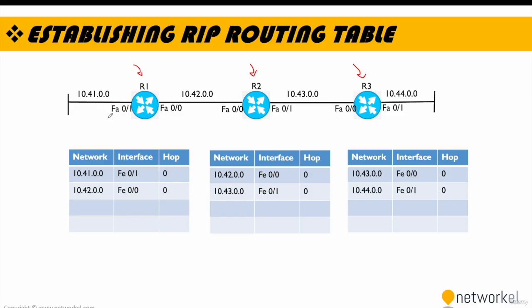For example, router 1 has a directly connected network on its Fast Ethernet 01 interface, and this network is 10.41.0.0, and it is in the routing table of router 1. It has another network, 10.42.0.0, directly connected to the Fast Ethernet 00 port.